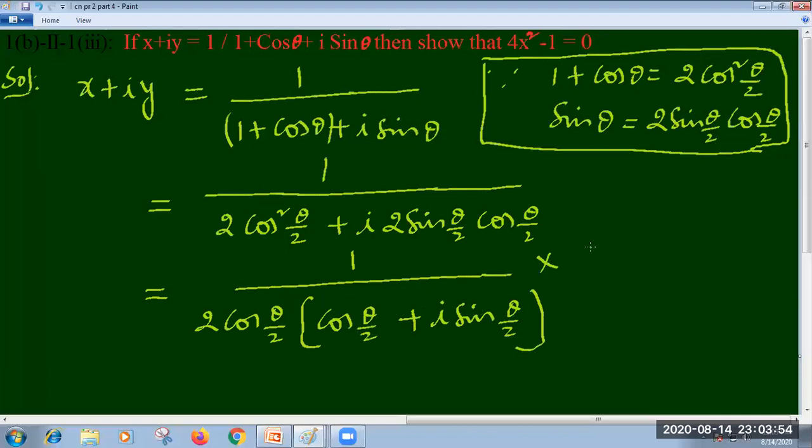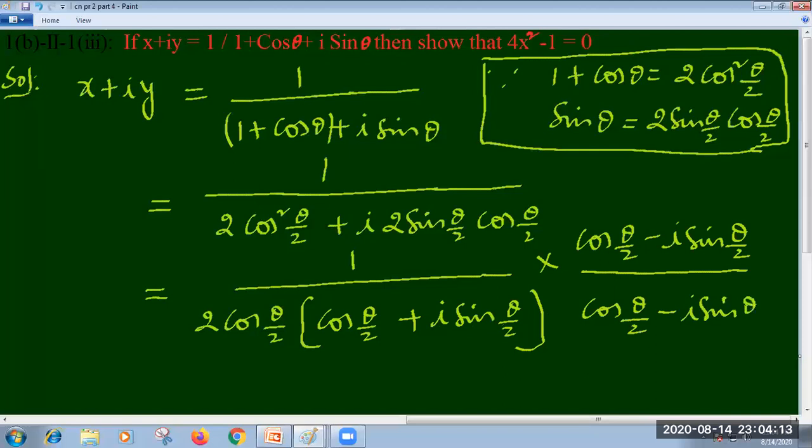So rationalizing with cos theta by 2 minus I sin theta by 2. Here, in the denominator we have plus, so we take minus and rationalize. We use this rationalizing in many problems.